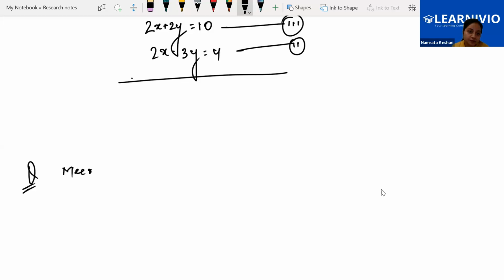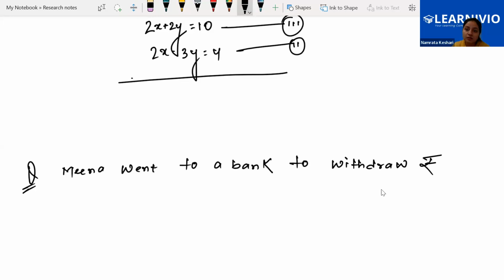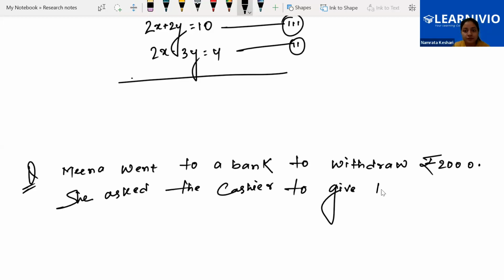Meena went to a bank to withdraw rupees 2000. She asked the cashier to give her rupees 50 and rupees 100 notes only.